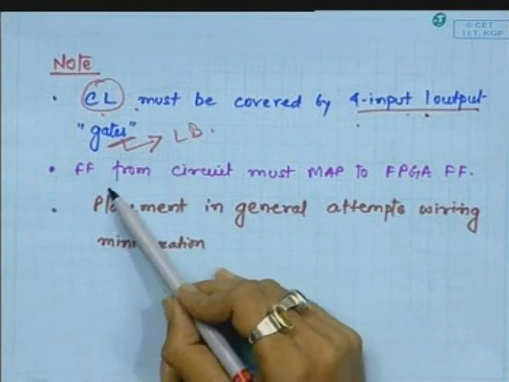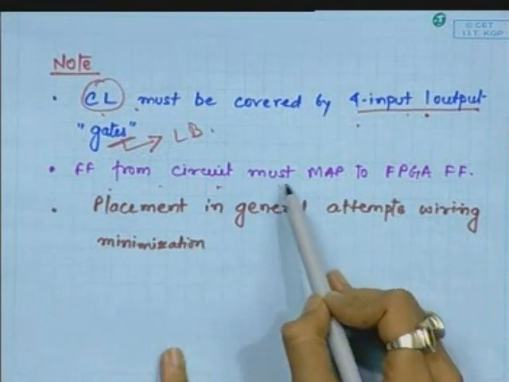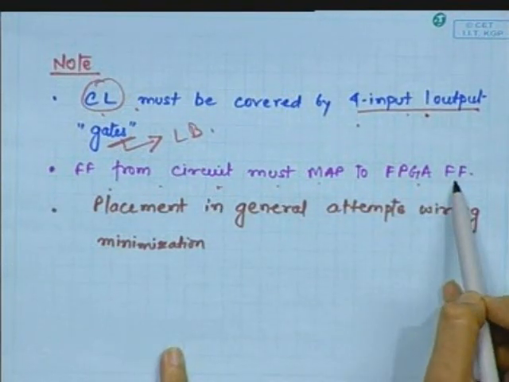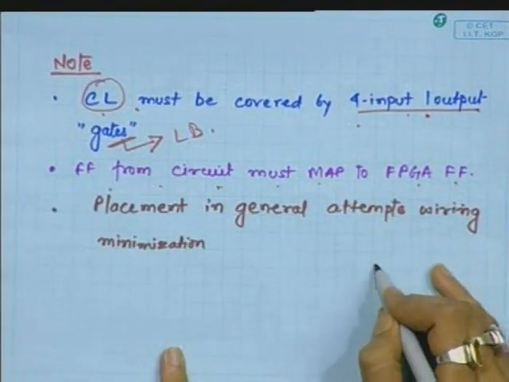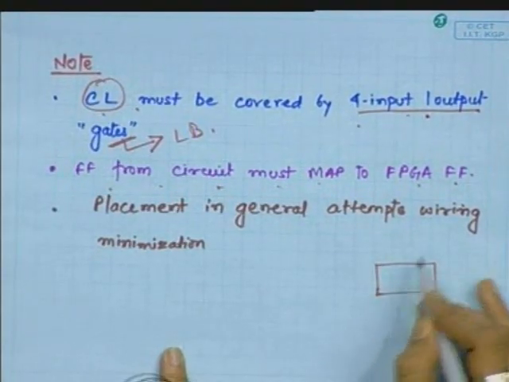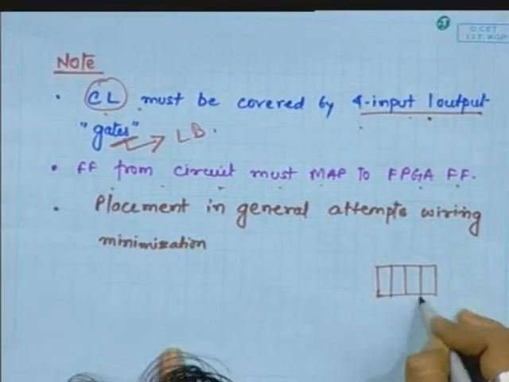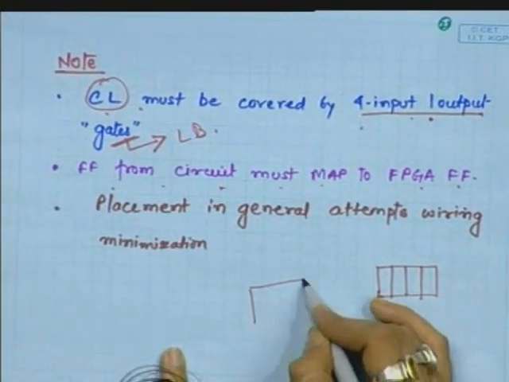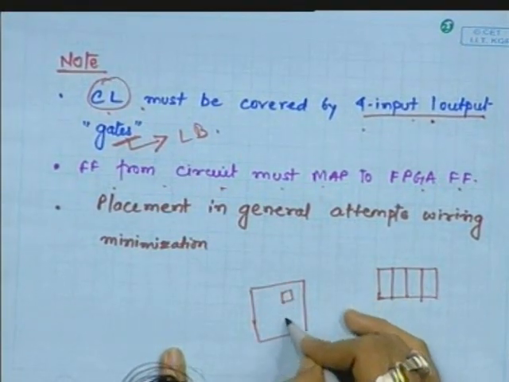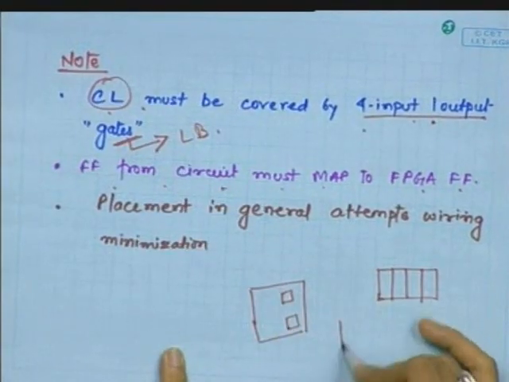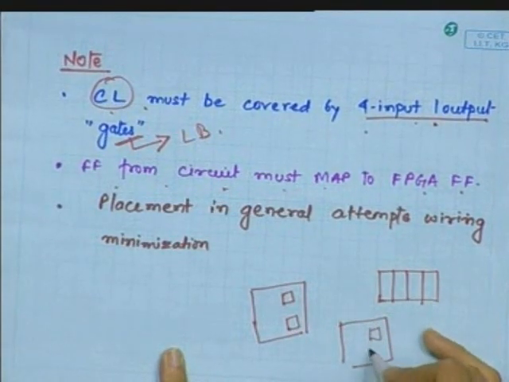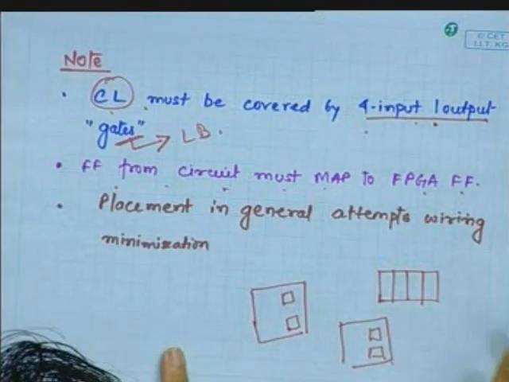The flip flops from the circuit must map to the FPGA flip flops. Suppose we require 4 flip flops. In a CLB, we have only 2 flip flops. In such a case, we have to use 2 CLBs, right?